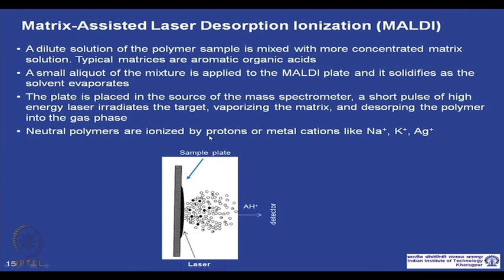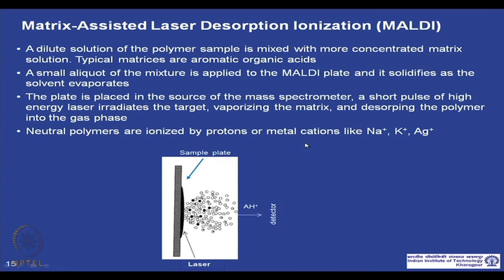If it is not charged, it is a neutral polymer, then we have to add some salt to cationize these polymers, so that they can move towards the detector. So, the neutral polymers are ionized or cationized by protons or metal cations like sodium Na plus, K plus or silver plus.